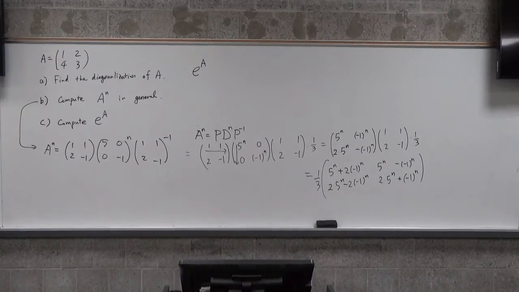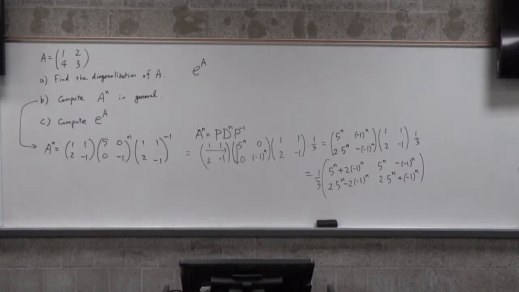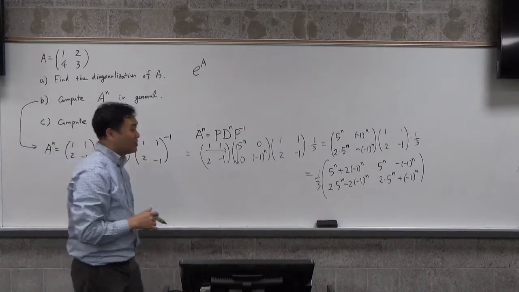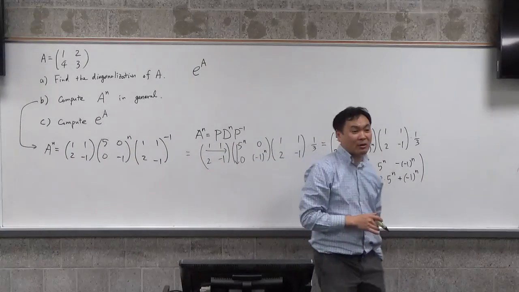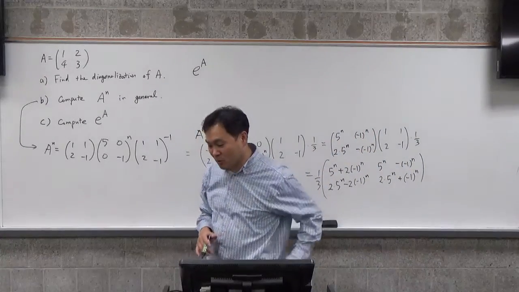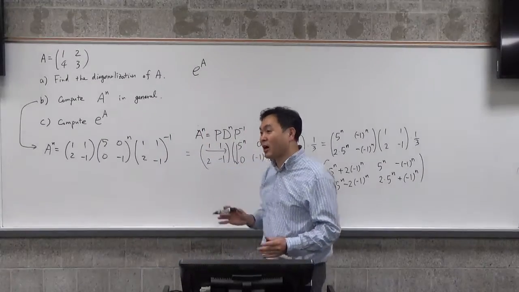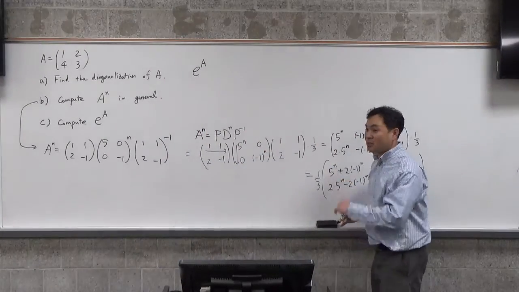Exponential function? Yeah, but how do you exponentiate a matrix? You bring the matrix outside. I don't know what that means. We talked about matrix polynomials, right? If you have a function of x, you can replace x by A, and also constant term by some constant times I. Okay? The same idea.